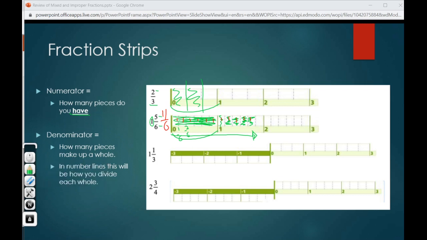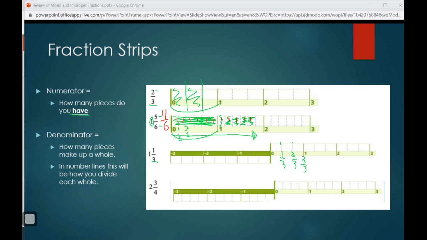So once again, we're splitting it into 3 slices, right? So from 0 to 1 whole, it's split into 1, 2, and this would be our third slice. 3 out of 3, right? When we have a number line, it's important that we not only split these sections, but that we also label them.